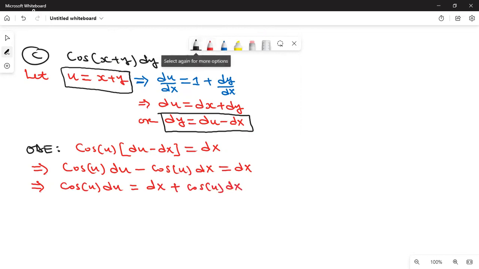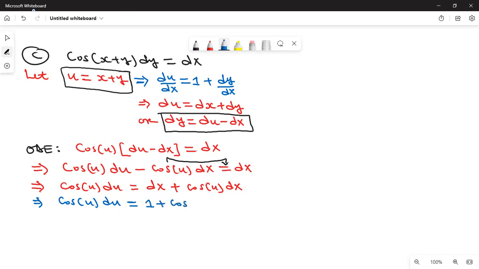I have taken this one to the right hand side, so that when you simplify this, we are going to get cosine of u du is equal to 1 plus cos u dx. So this equation is separable. This is a separable ODE.